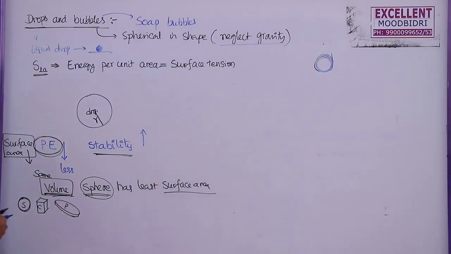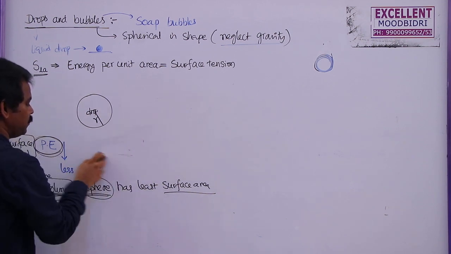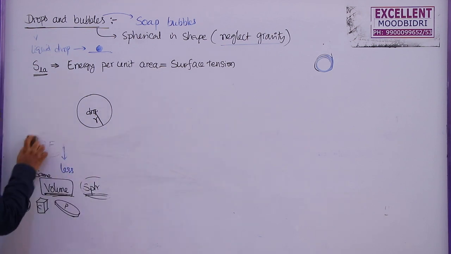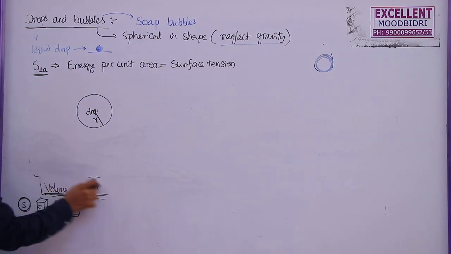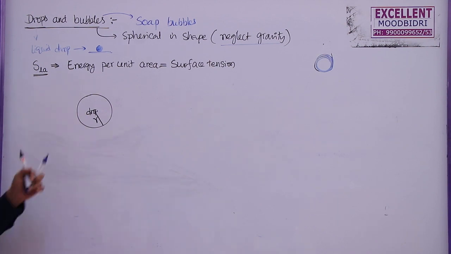Now here, if you take any water drop or any liquid drop of radius r, and I want to increase the size of it, I need to do some work on it.